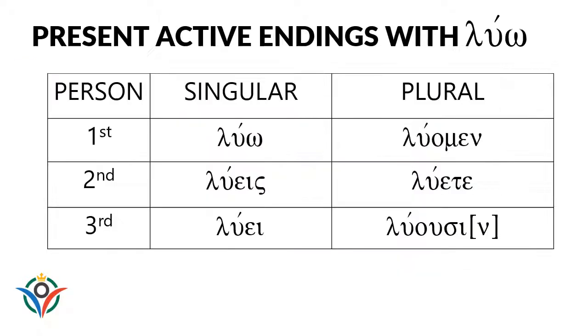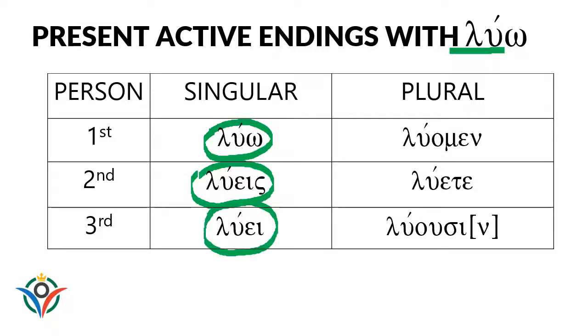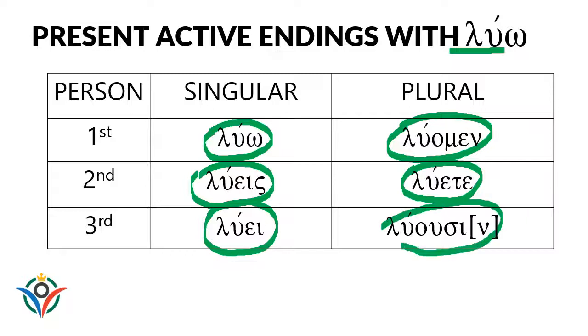There's one more thing that I'd like to revise with you before we look at contract verbs, and that is the present active endings with luo. So let me just remind you of those endings. The first person singular is luo, second person singular, lueis, third person singular, luei, first person plural, luomen, second person plural, luete, and third person plural, luousin.